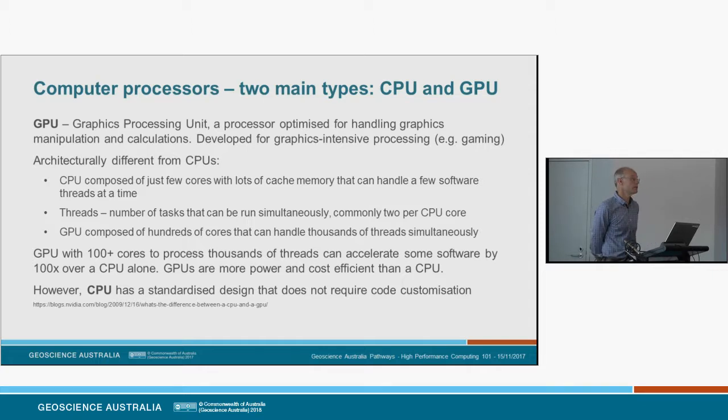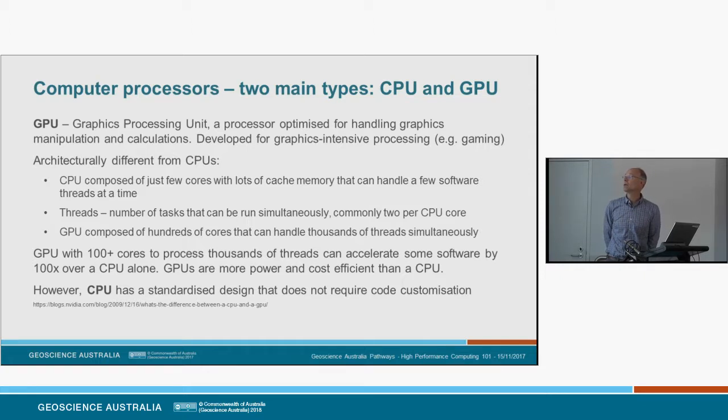And if you want to get a good GPU system or a graphics card, you go for whatever the gaming industry is using, because this is where the advances are being driven. Now, architecturally, they're different than the CPUs. CPUs tend to have a limited number of cores and lots of cache memory, so memory that can be used for storing data and things like that.